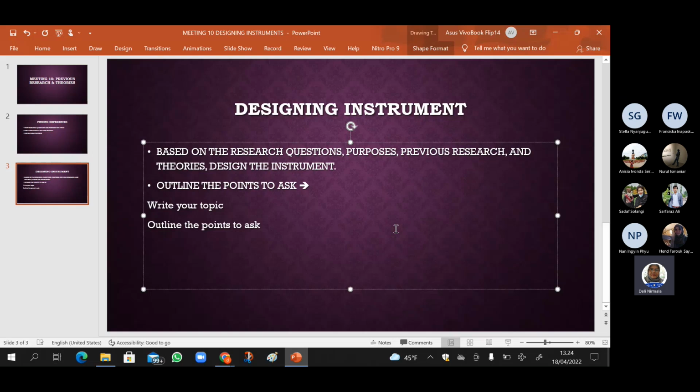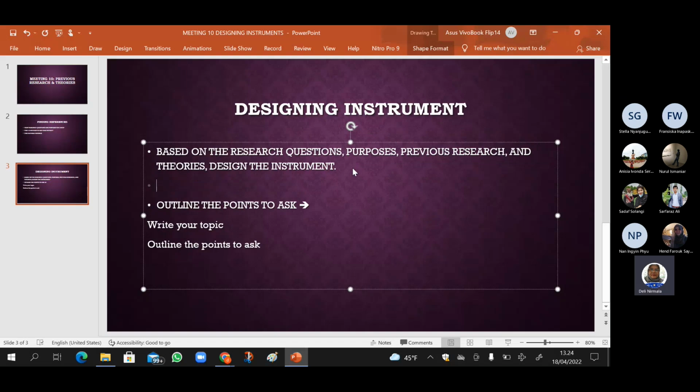In designing the instrument, you have to decide what types of instrument you will use. There are some types here.